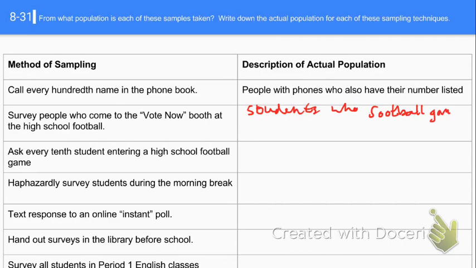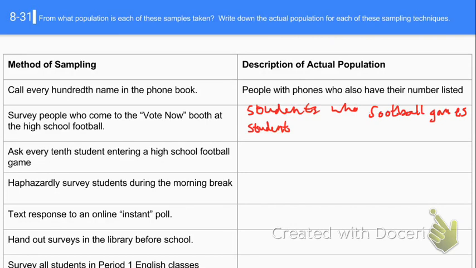Another thing about this group is that they're going to a Vote Now booth. So these are also students who care about electing people in school activities, be that prom king or queen or things for the yearbook.